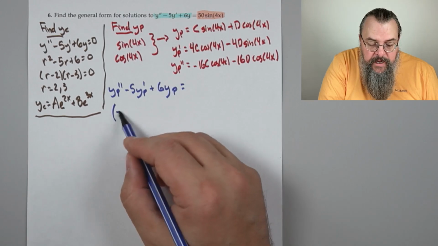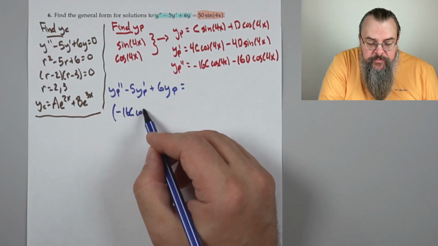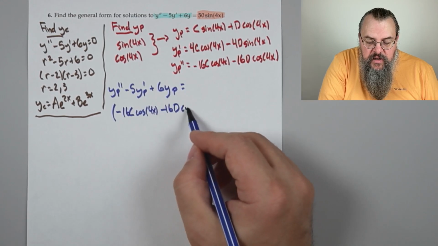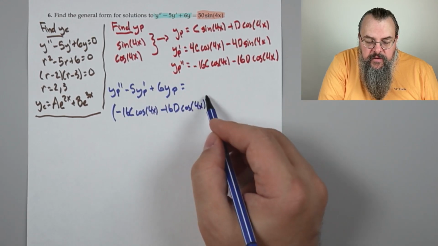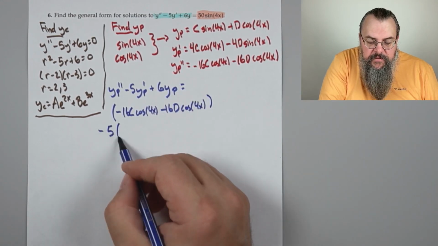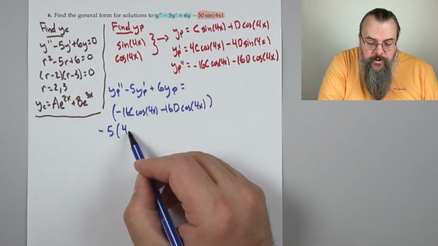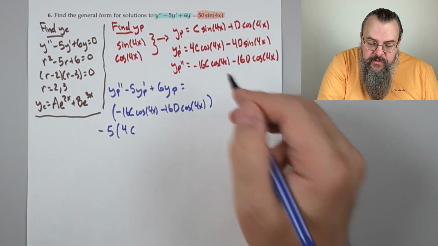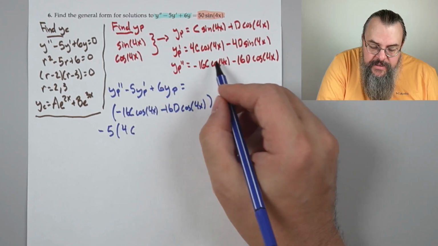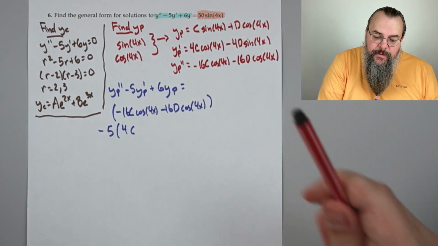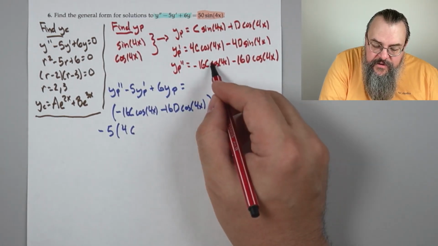And so we have minus 16c cosine 4x minus 16d cosine 4x minus 5 times yp prime. 4c, whoops, I just noticed something. You know, mistakes happen, but you start to say, wait, that doesn't seem right. Cosine, cosine, no, this should have been sine.